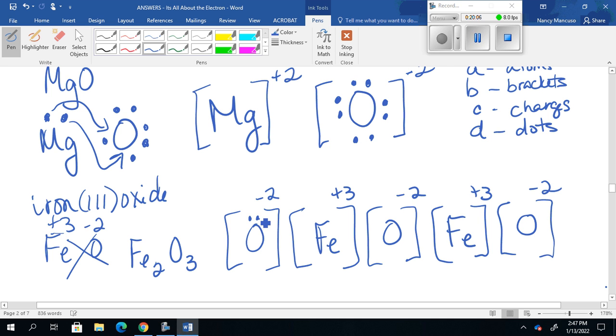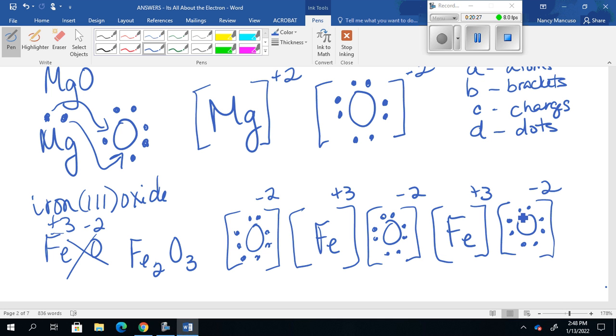O now has all 8. So 2 on each side. And Fe has none because it lost its dots. So there it is. There is like the most complex Lewis dot diagram you could have, something large like that with all of those charges.